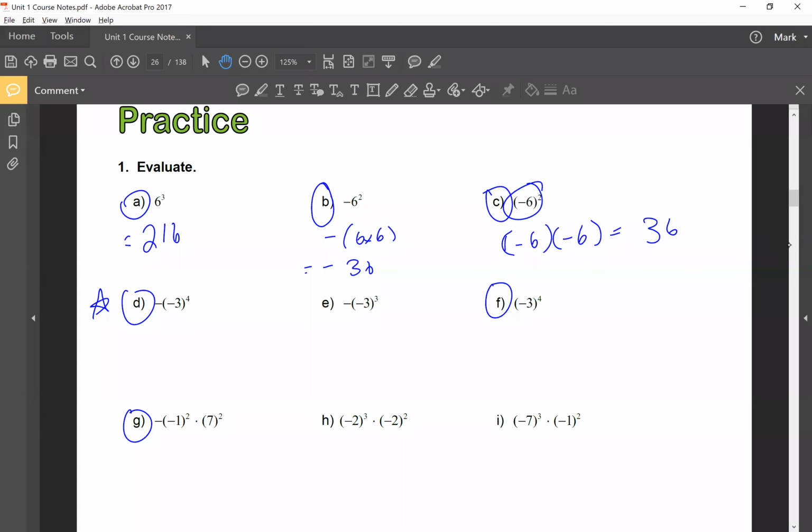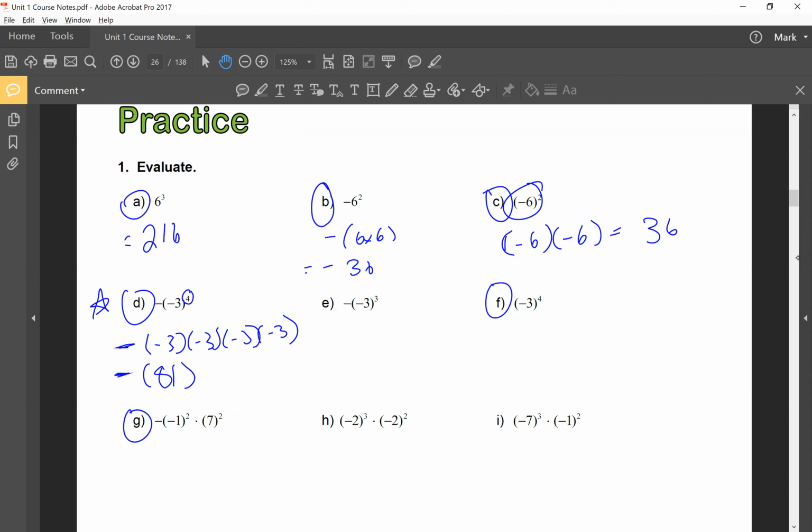D. I love D. It's such a little trick here. We have a negative, which has nothing to do with the exponent. But then what I'm going to do is take the -3 and do this 4 times. So my negative stays, but then when I go -3 to the power of 4, I get 81.